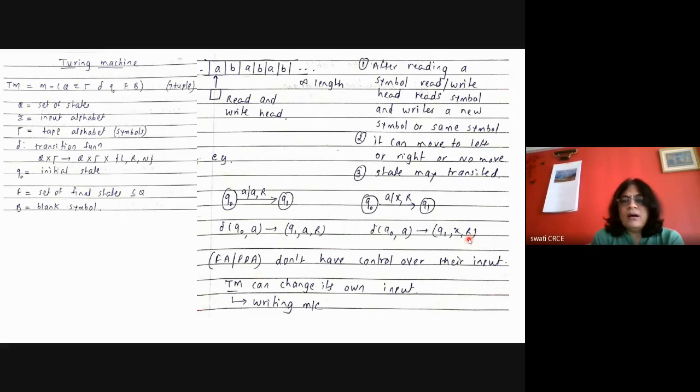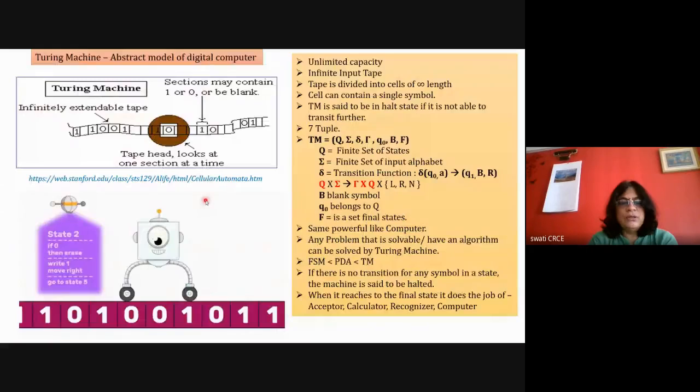Okay, so what is the difference is that a finite state machine or push down automata doesn't have control over their input. In case of finite state machine or push down machine, we cannot change the input. It can only perform a read operation. Here it cannot perform a write operation.